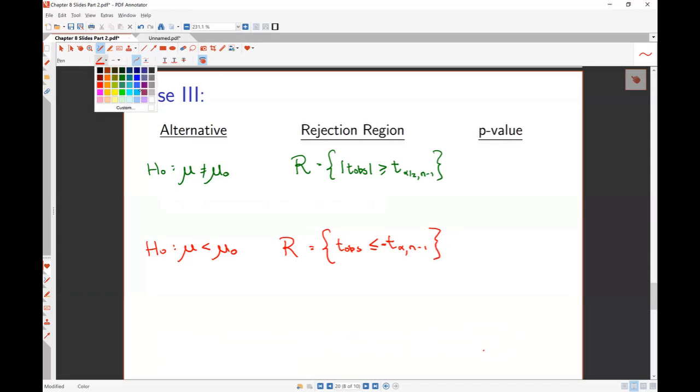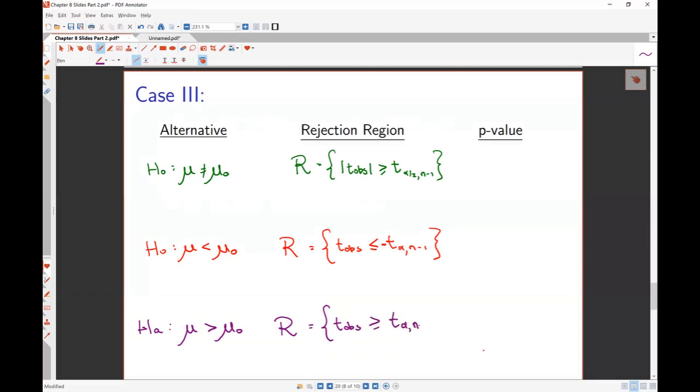And finally, if your alternative is that mu is greater than mu naught, then your rejection region is going to be t observed greater than or equal to t of alpha and n minus 1 degrees of freedom.